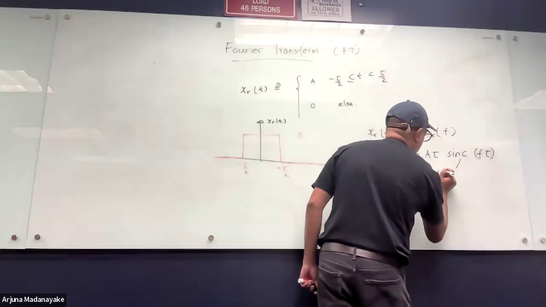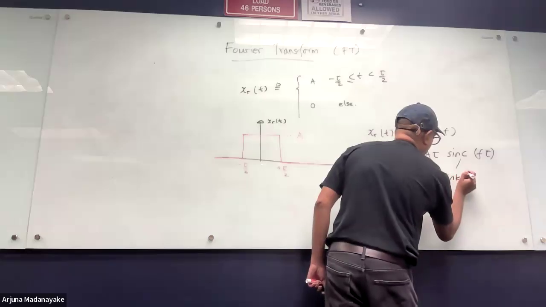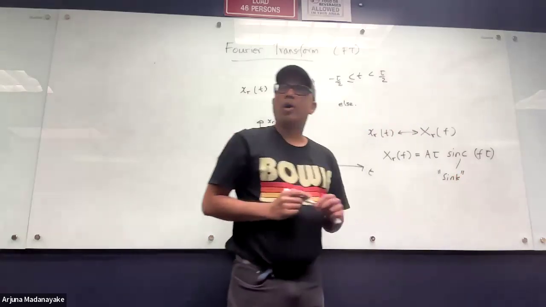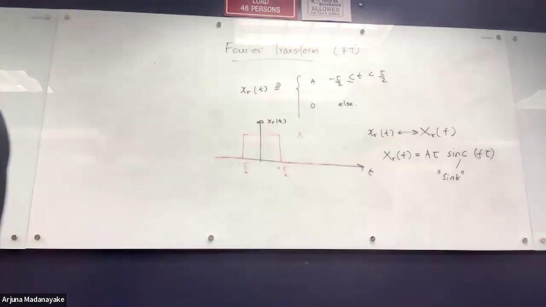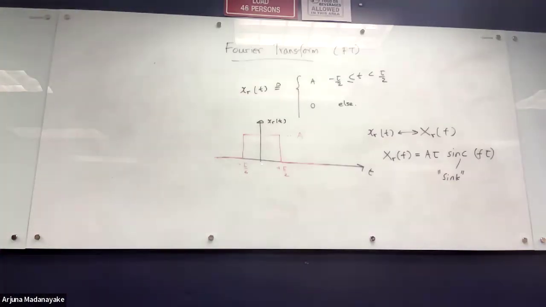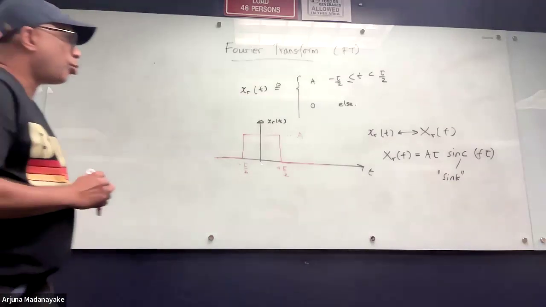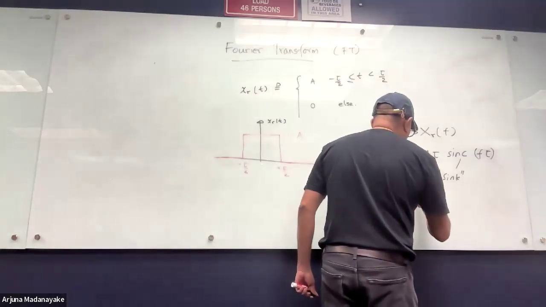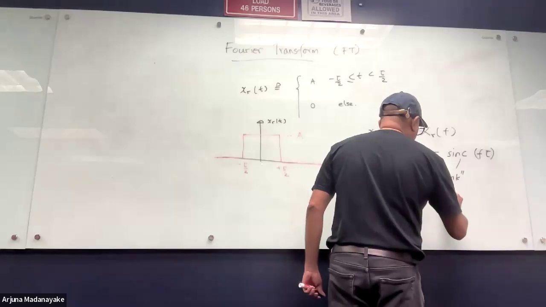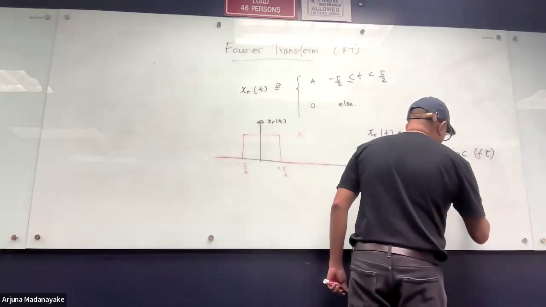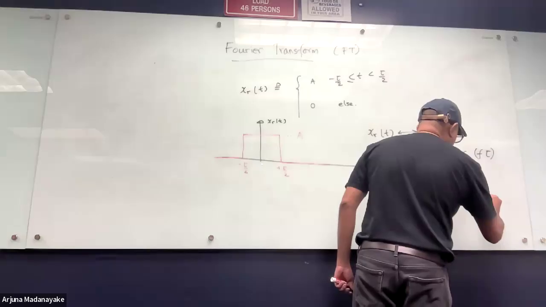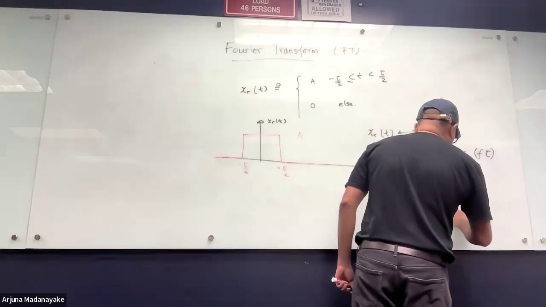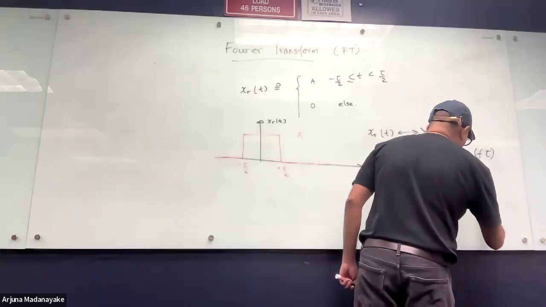So this is pronounced sink, like the kitchen sink, but with a C. So what is this sinc function? The sinc of x is equal to sine of pi x divided by pi x.